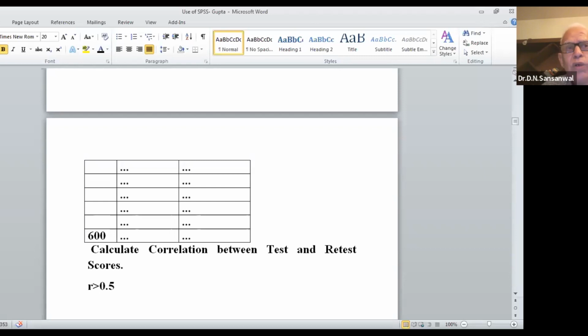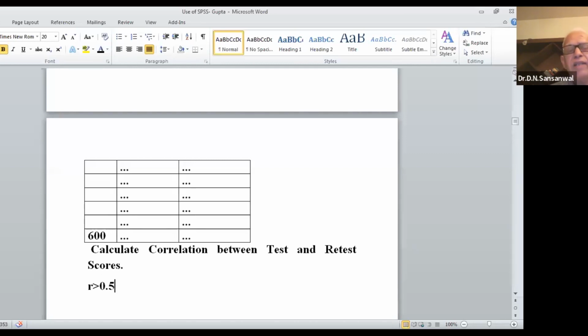If your tool is assessing reasoning, then you are assessing the reasoning of each individual twice, after a gap of 15 or 20, whatever days you decide. So you will be having the reliability for the test and the retest for that particular variable.